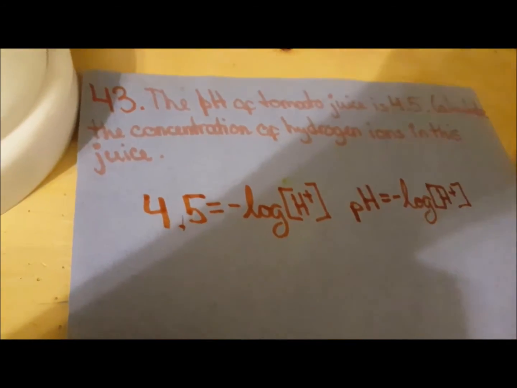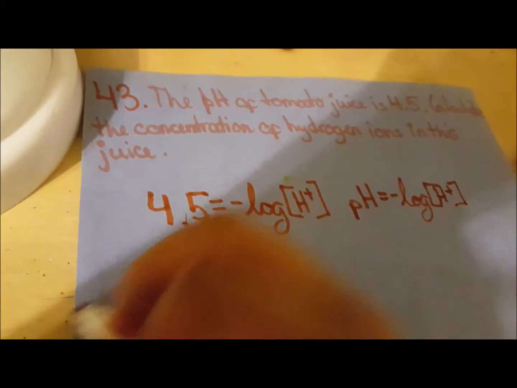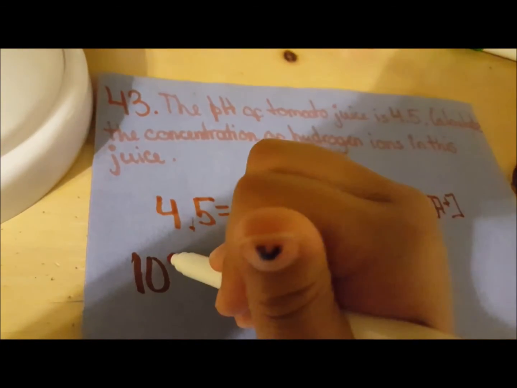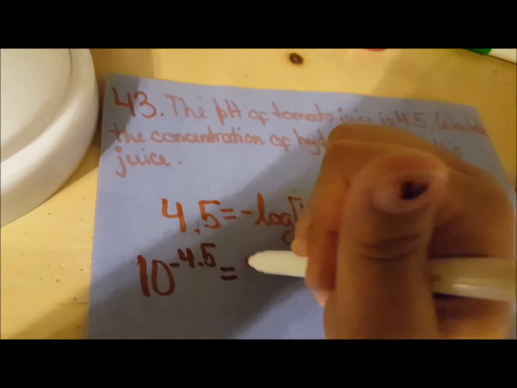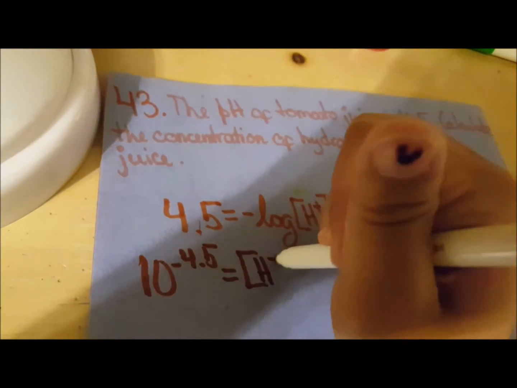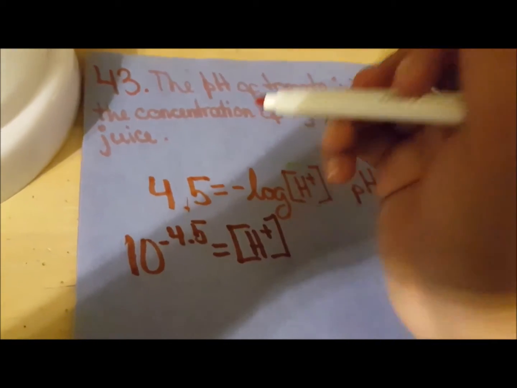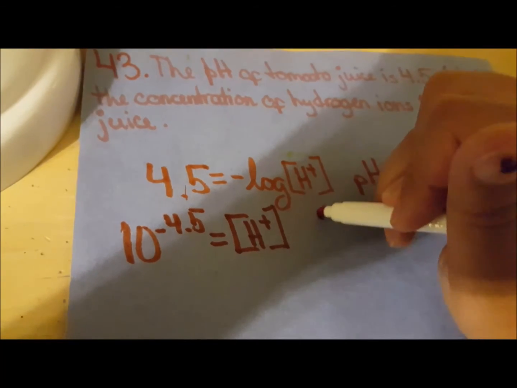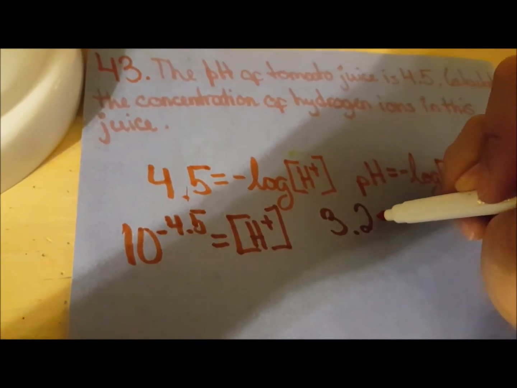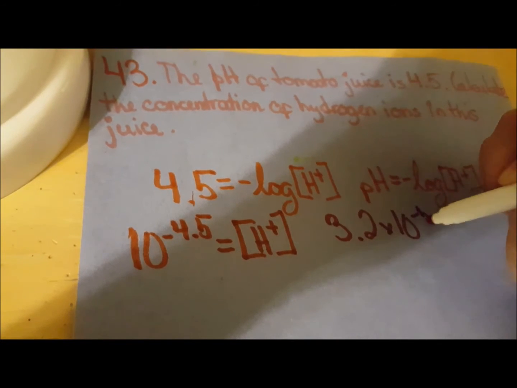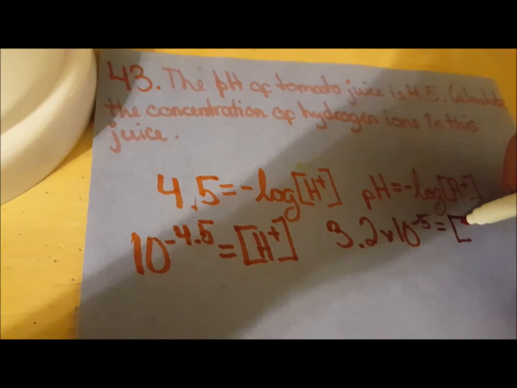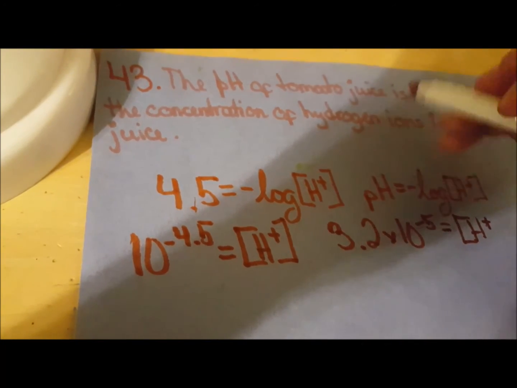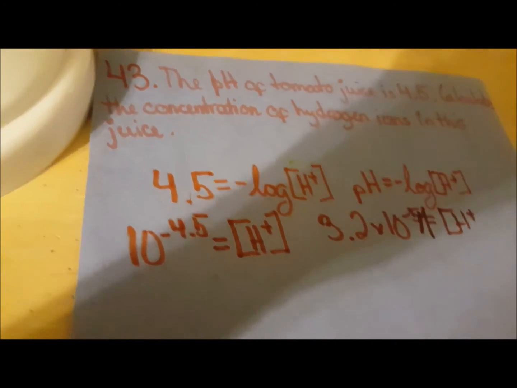So in order to reverse this, we would do 10 to the negative 4.5 is equal to H positive. And if we plug that into a calculator, we get 3.2 times 10 to the negative 5 is equal to H plus. And that gives us our final answer.